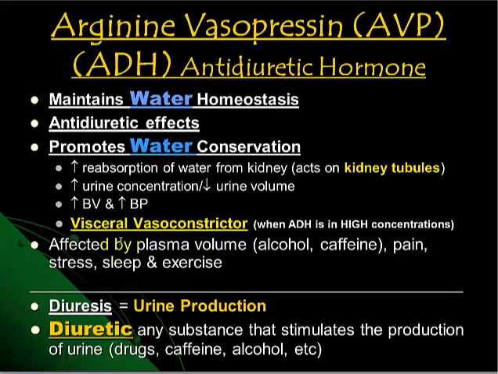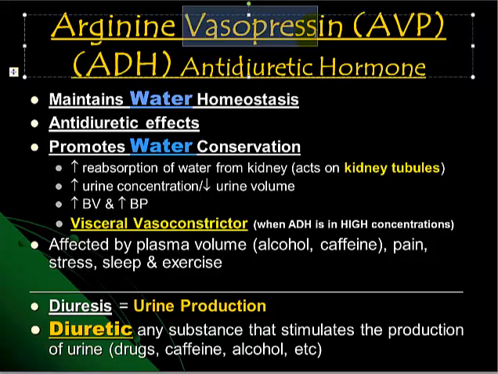If we look at the first of the 2, antidiuretic hormone is also known as vasopressin. Arginine is an amino acid, so this is a protein-natured substance. Vasopressin, by its name, tells you that it's going to control the smooth muscle of blood vessels.